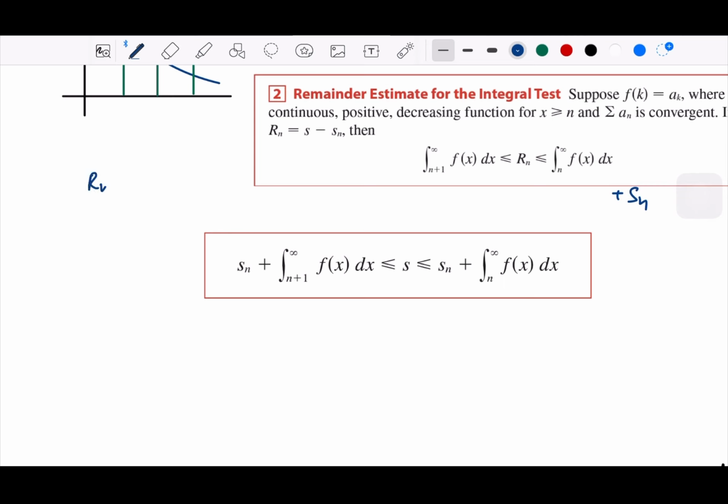Because Rn is the subtraction between S and Sn. If we add Sn, then it will become S, right? So this is also another way to write the same estimate. I think that's the integral test. Okay.